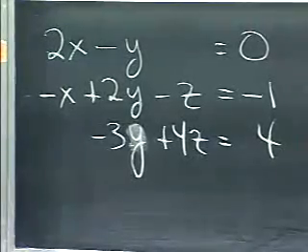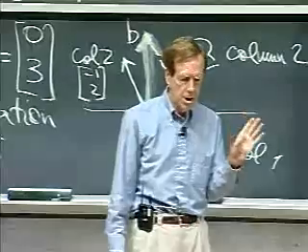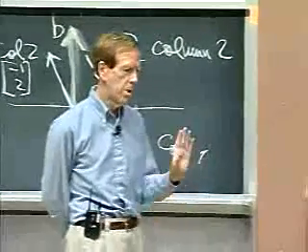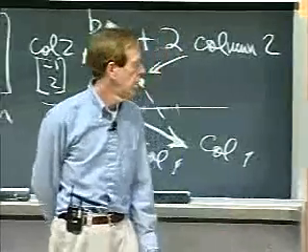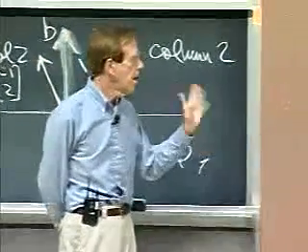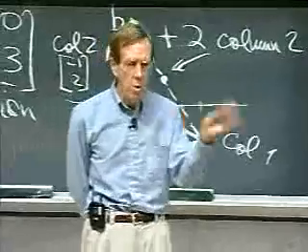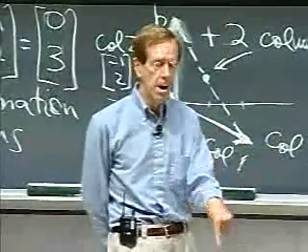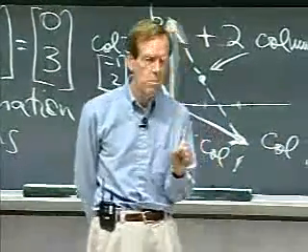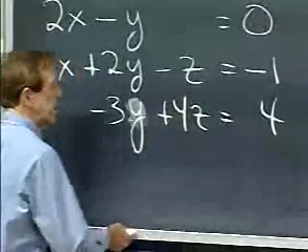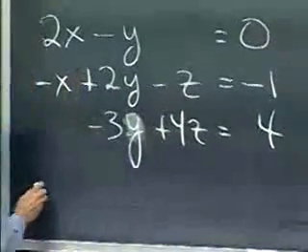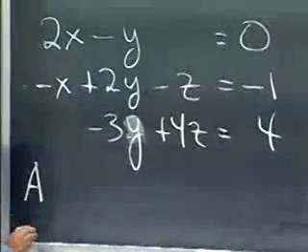And I don't have a solution yet. So I want to understand the equations and then solve them. So how do you understand them? The row picture is one way. The column picture is another very important way. Let's just remember the matrix form here, because that's easy. What's our matrix A?